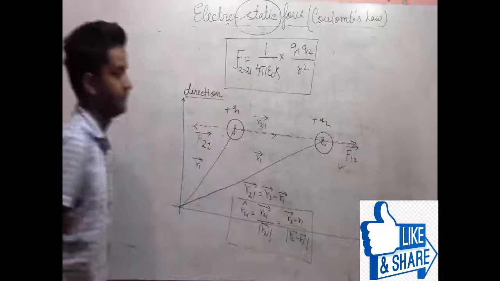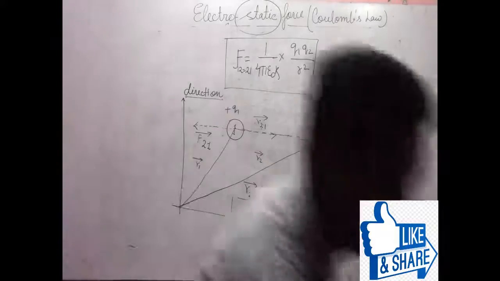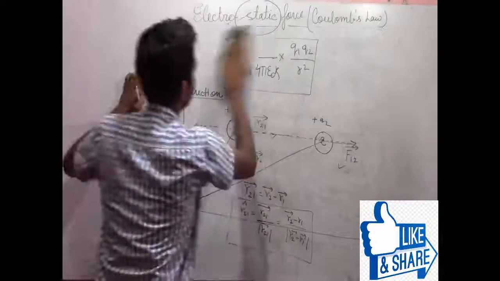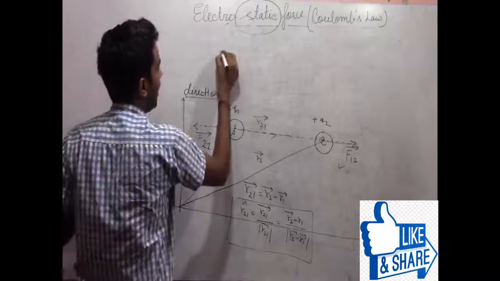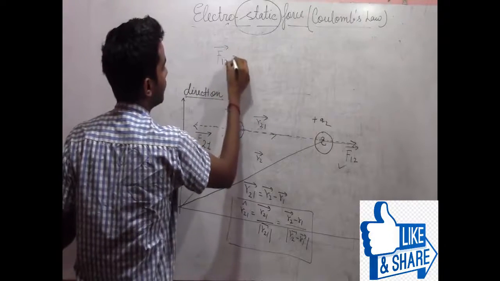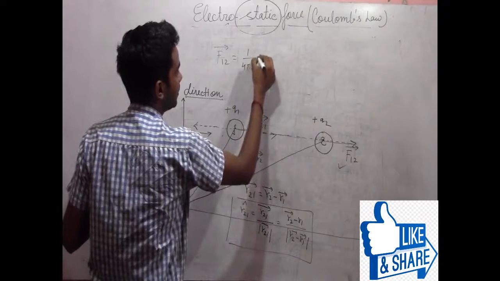Now if you write this equation in the vector form, how can you write it? You may write vector F12 becomes 1 by 4 pi epsilon naught.